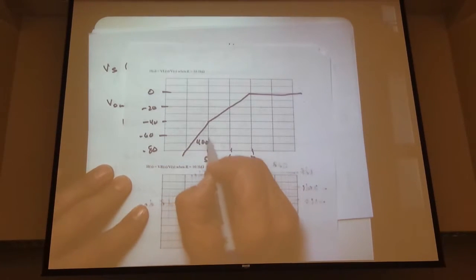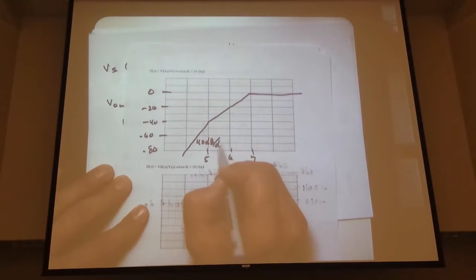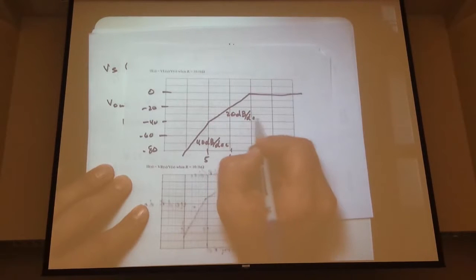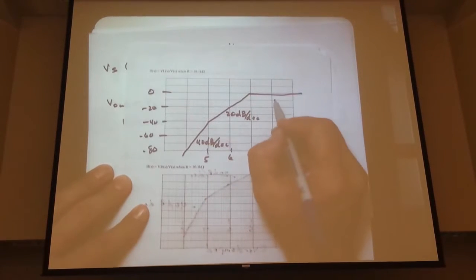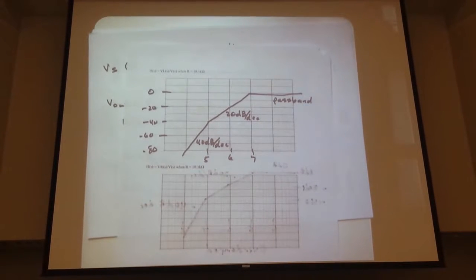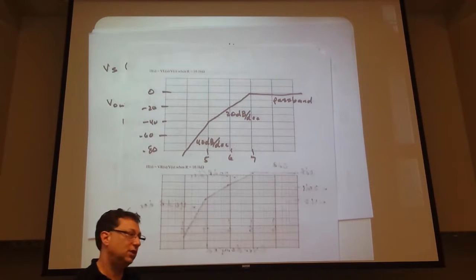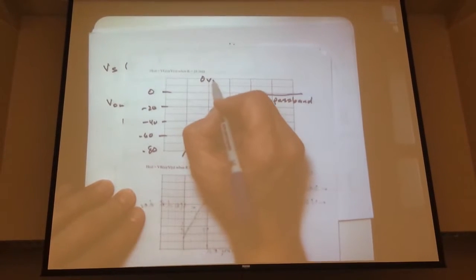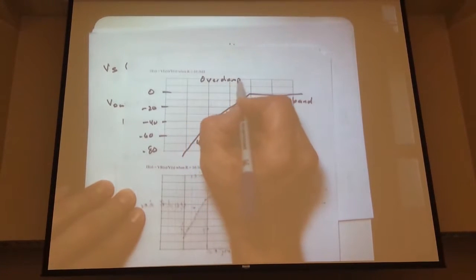That's 40 dB per decade. 20 dB per decade. And the same crappy style of filter. 20 dB roll off in our area close to the pass band, which isn't really achieving much. But overdamped. Overdamped high pass filter.